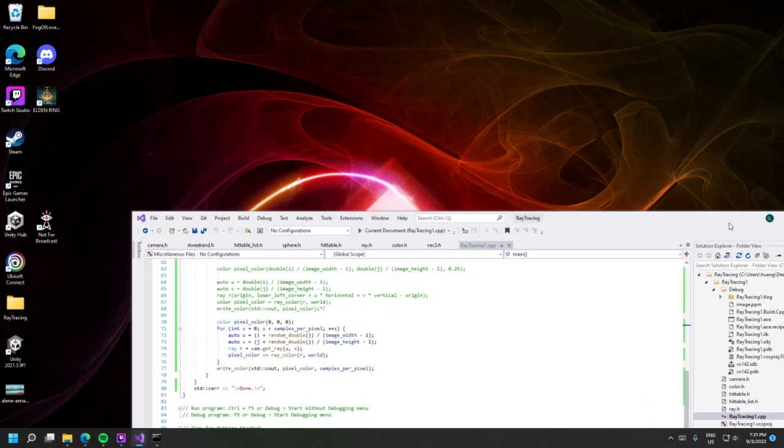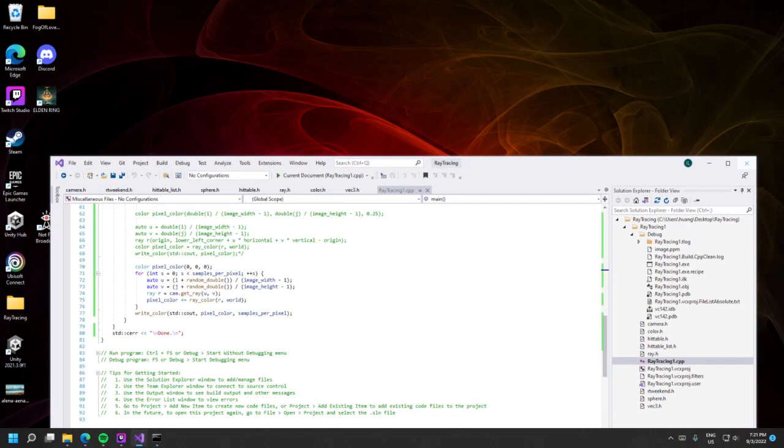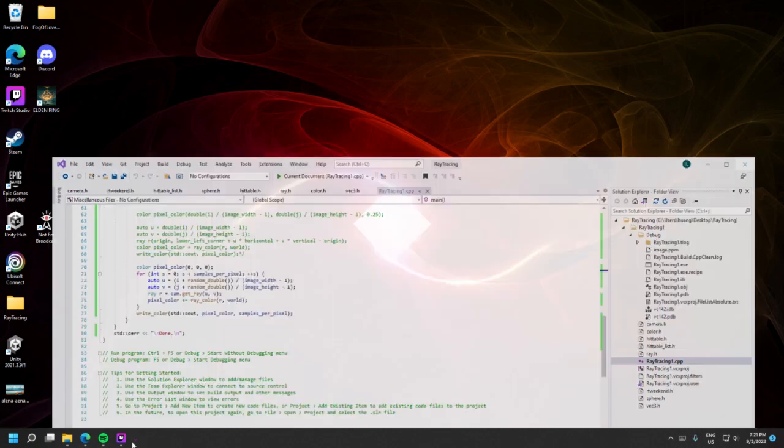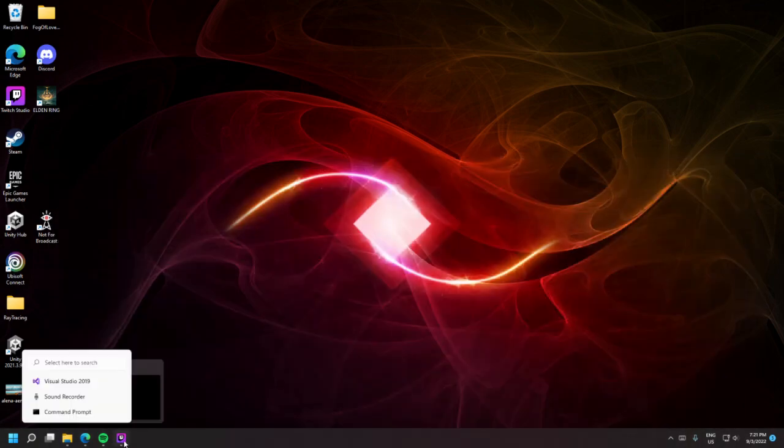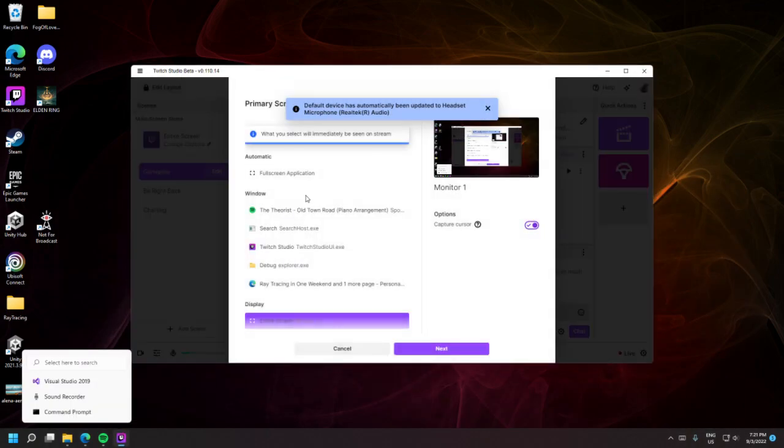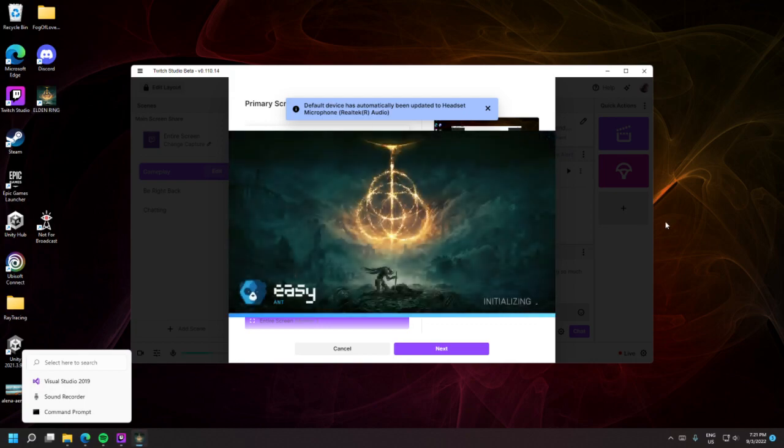Okay, I'm going to save everything. I think I have everything. Yeah, I'm going to change it to Elden Ring. Oh yeah, and also the music can stop now.